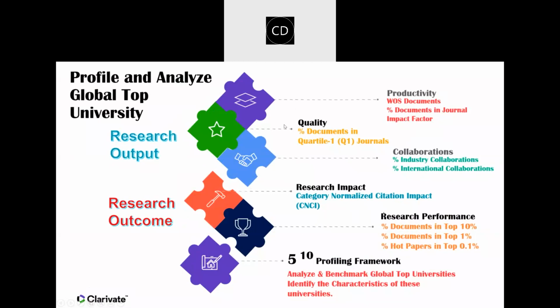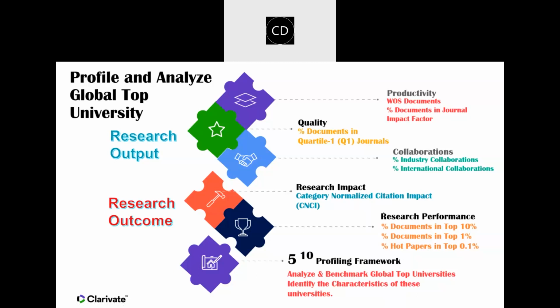So for quality, we usually look at the percentage of documents in Q1 journals specifically. The reason is because we did a correlation study before where we looked at the impact of those institutions who publish a lot more in Q1 Web of Science journals. It usually means and translates to higher impact if they have a higher Q1 publication rate.